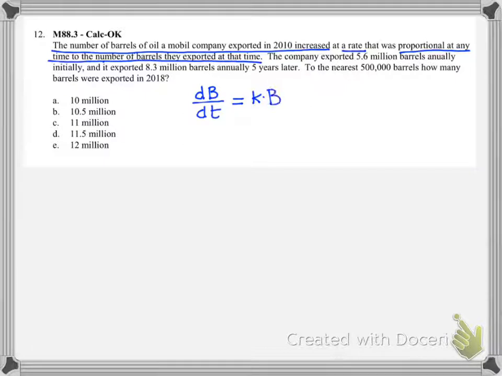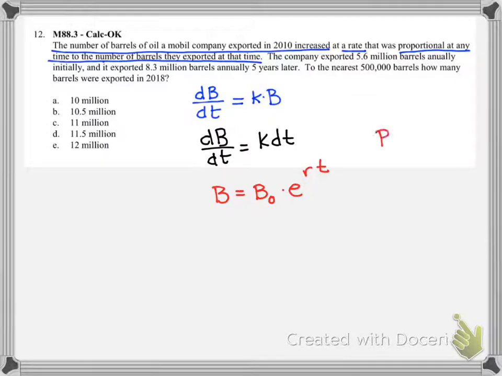Well, that's B. And so this, as we've talked about for a long time, can be separated into dB/B equals K dt. After integration, we will get the number of barrels is equal to the number of barrels that we initially have times e to a different r, some kind of rate of change, t.